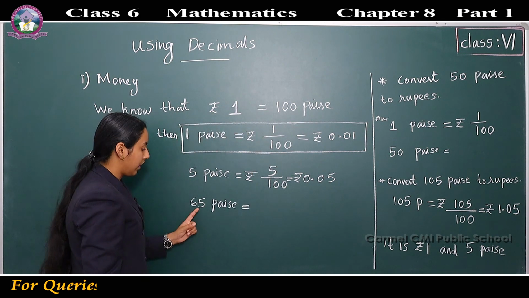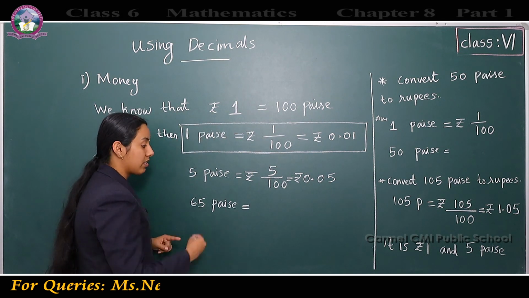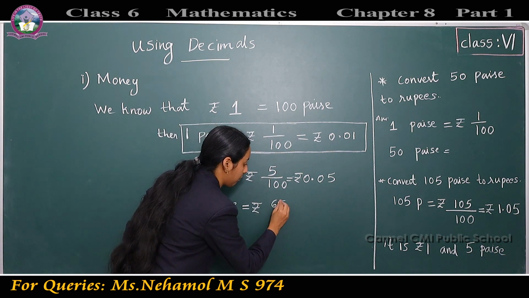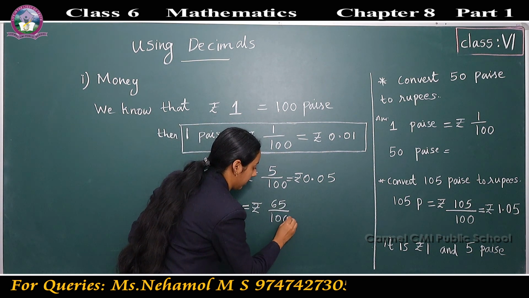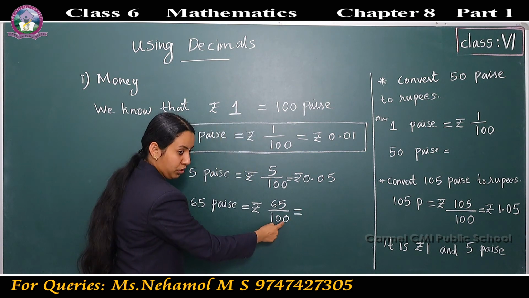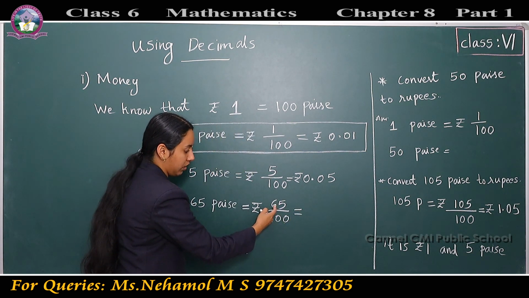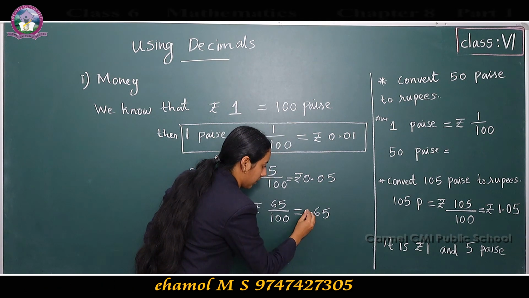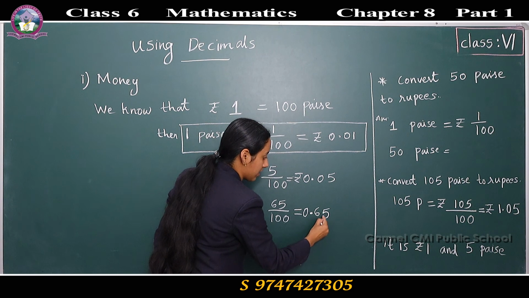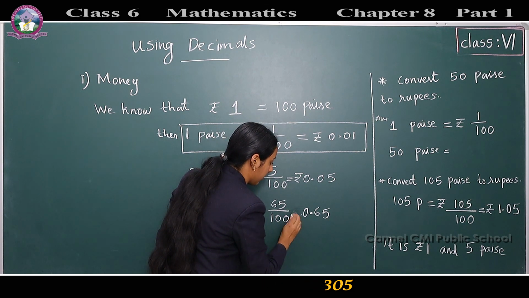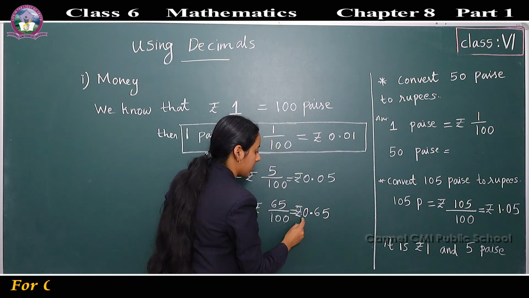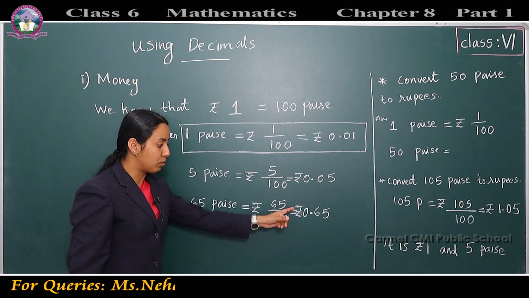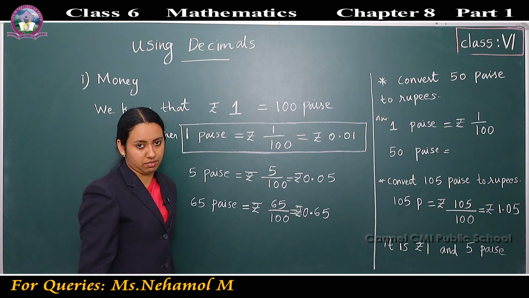Then what about 65 paise? 65 paise equals rupees 65 by 100. Then 2 zeros in the denominator. How can we convert it? 65, then 0.65 rupees. 65 paise means rupees 0.65.